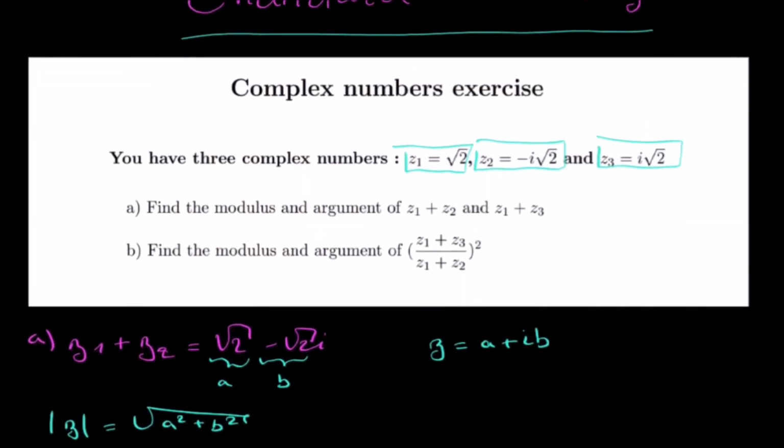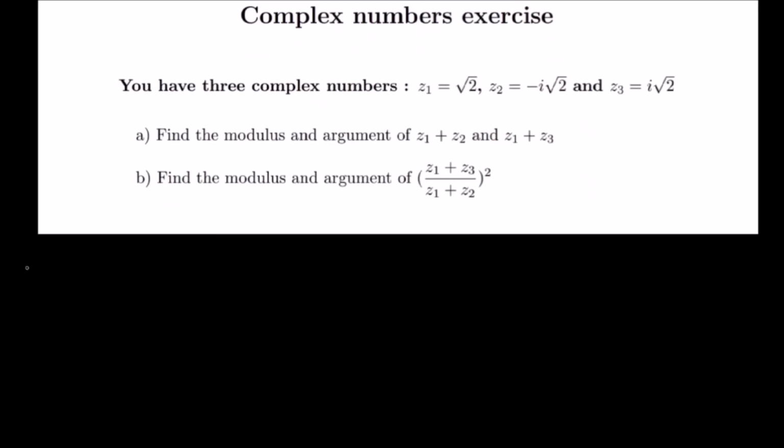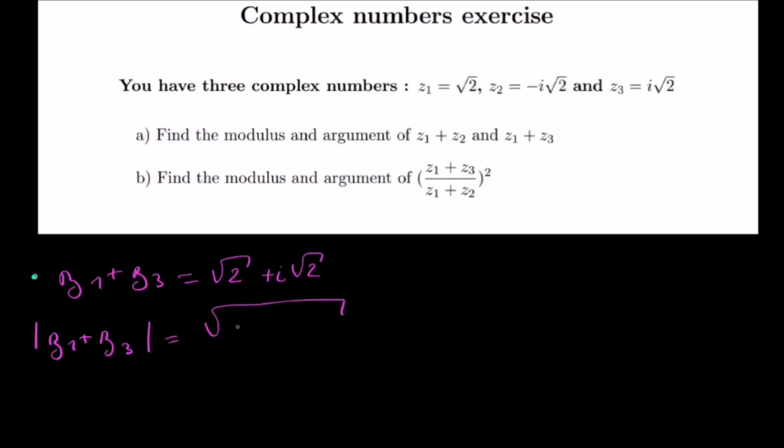Okay, so now we're going to do the same with z1 plus z3. So z1 plus z3 equal root 2 plus i root 2. The modulus of z1 plus z3 equal root of root 2 squared plus root 2 squared.